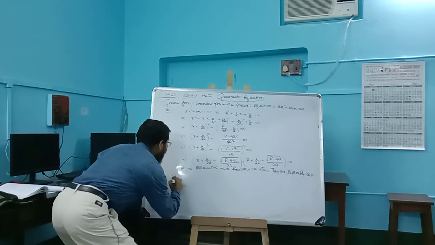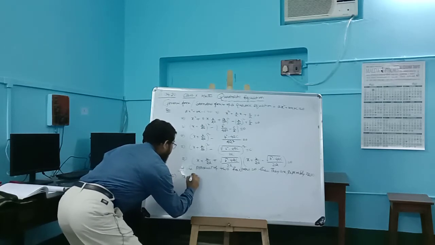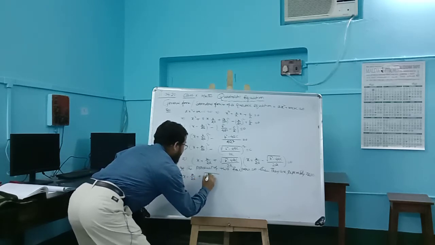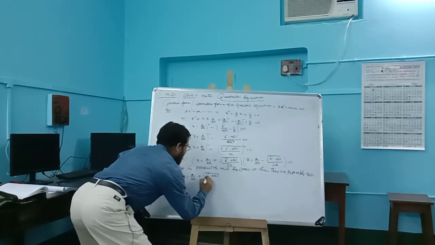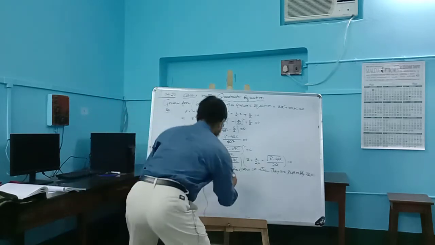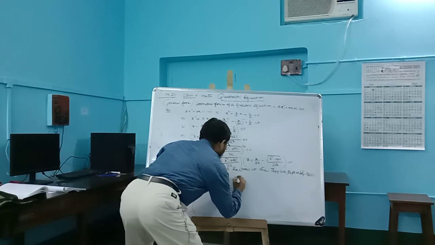Implies x plus b by 2a plus root over b square minus 4ac by 2a equal to 0, or x plus b by 2a minus root over b square minus 4ac by 2a equal to 0.